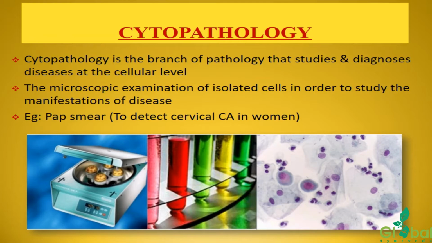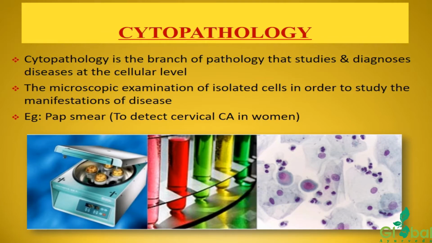Cytopathology. Cytopathology is the branch of pathology that studies and diagnoses disease at the cellular level. So at the cellular level, what kind of abnormality is happening and what is the reason? To diagnose disease at the cellular level, with a completely cell-related condition, we depend upon cytopathology. It is the microscopic examination of isolated cells in order to study the manifestation of disease.